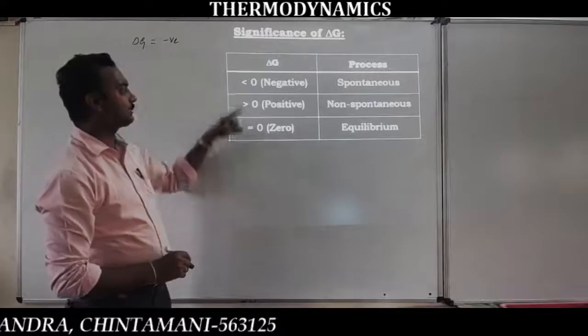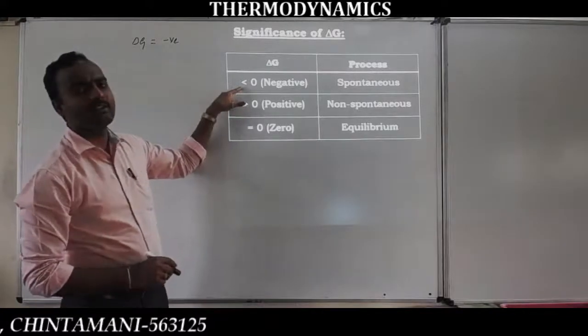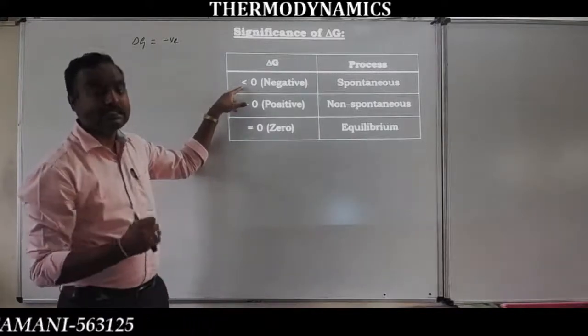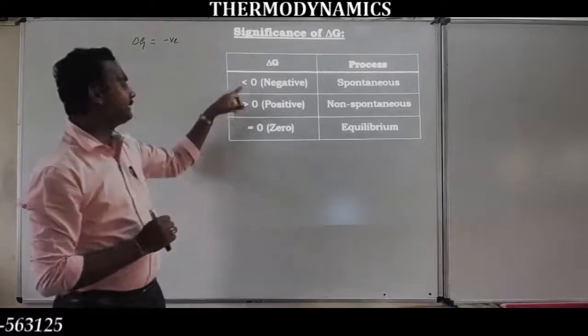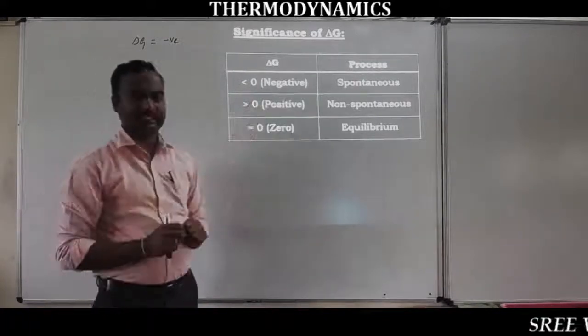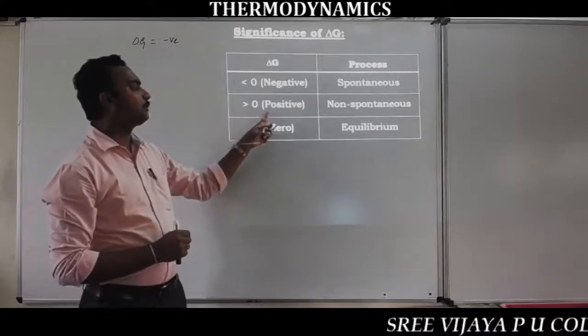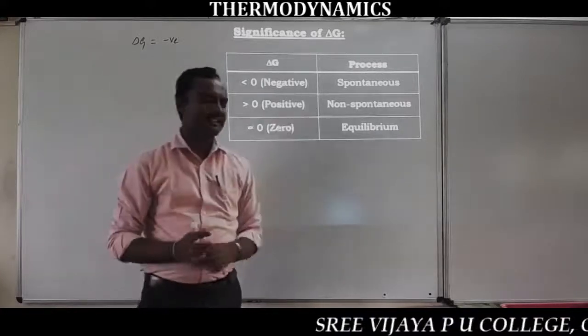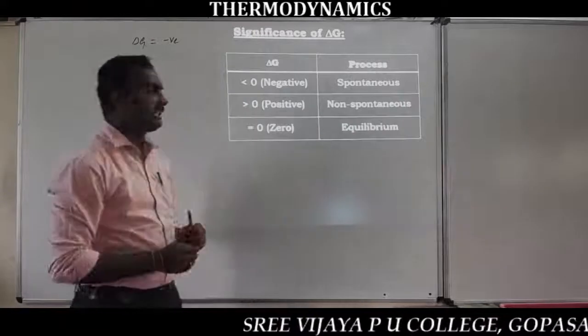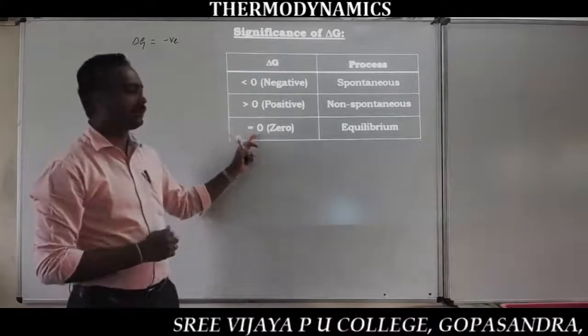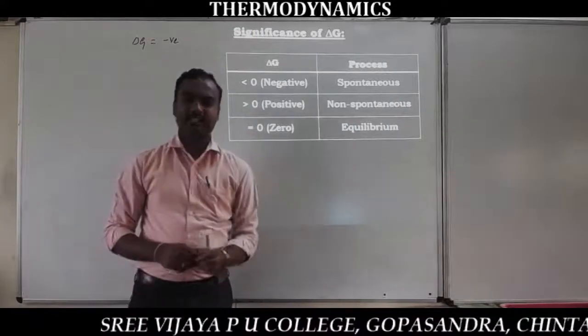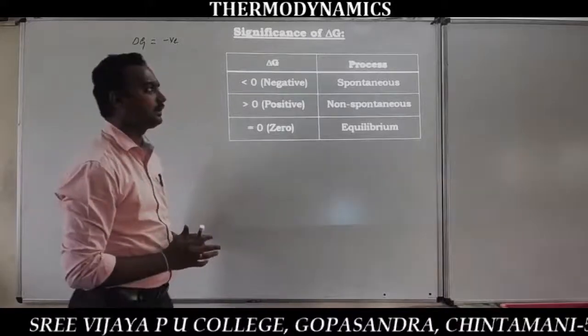For a spontaneous process, it is very important that delta G, or standard delta G naught, is less than 0, that is, negative. If delta G is greater than 0, that is positive, then the process is considered non-spontaneous. If delta G is equal to 0, then we can say the process is at equilibrium. This is the significance of delta G.